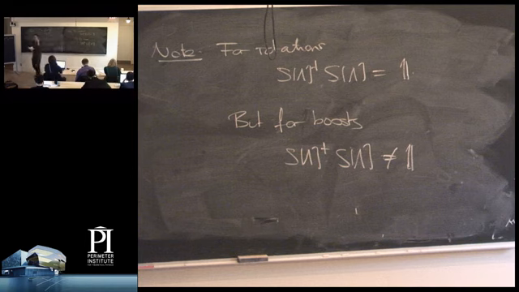This is actually a general statement. There are no finite dimensional unitary representations of the Lorentz group. And here we're seeing an explicit example in this case.